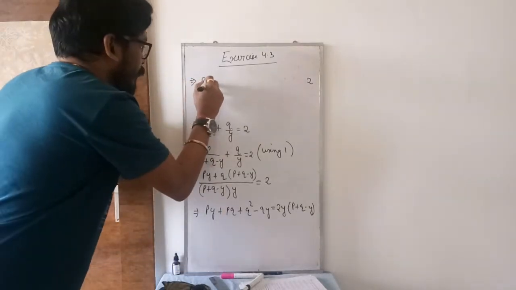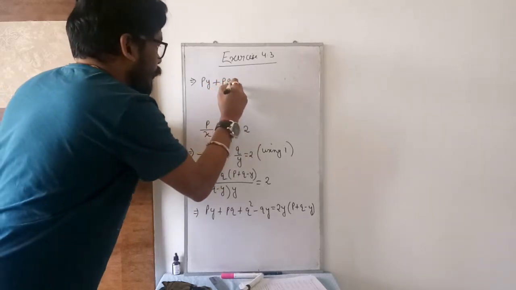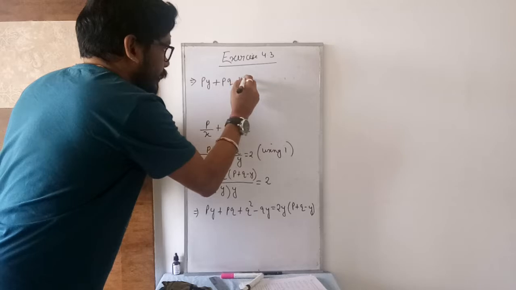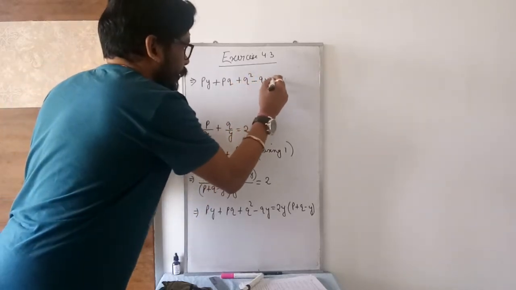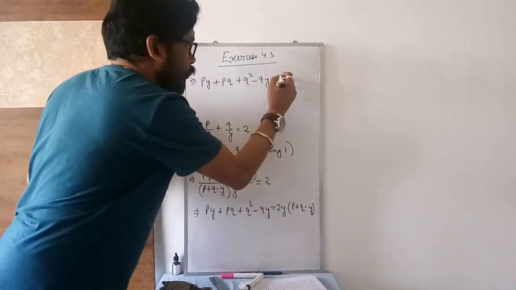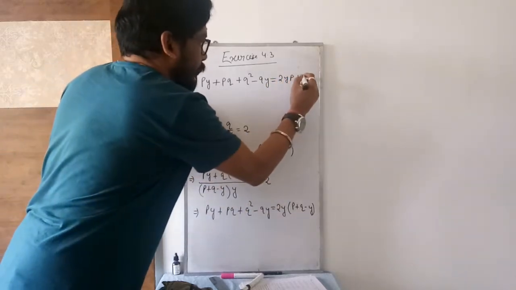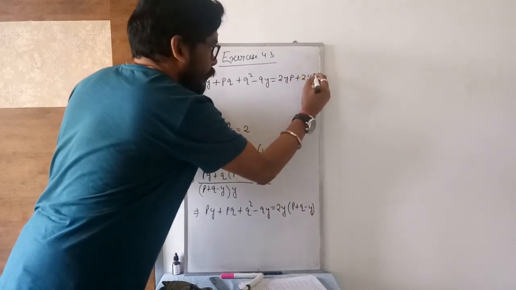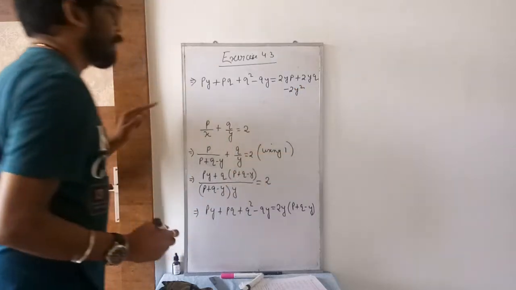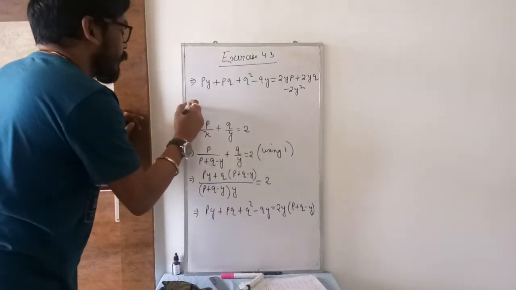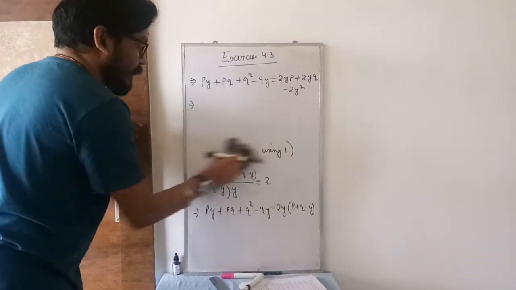So it is py plus pq plus q square minus qy equal to, if you multiply, 2yp plus 2yq minus 2y square. Let me bring everything to the left hand side, and while changing the side, you change the sign also.